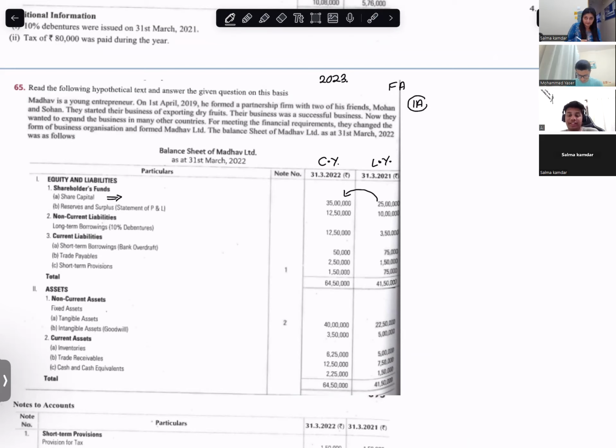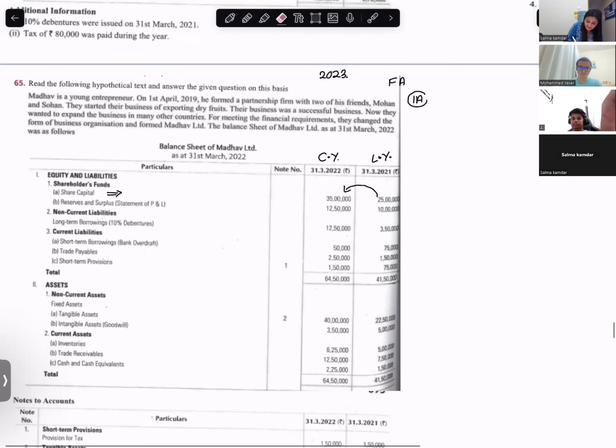No, financing activity. You don't remember like that. Remember, whatever is in the equity and liability section is financing. Whatever is in the asset section is investing. So this has increased. Which activity? Financing activity. Increase of share capital.